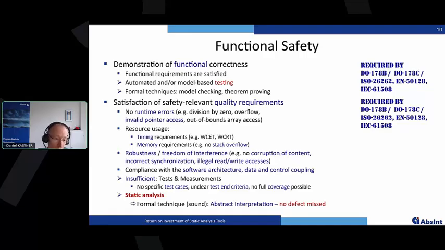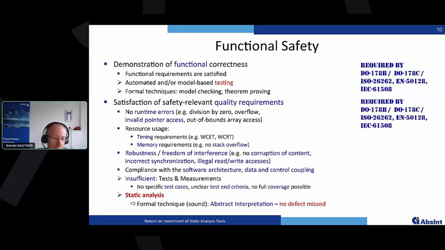Then whether the source code really complies with the software architecture is an interesting question, and whether during integration tests you really exercised the interactions between the software components which really happen to a sufficient degree. So all of these are examples of these more general quality requirements.